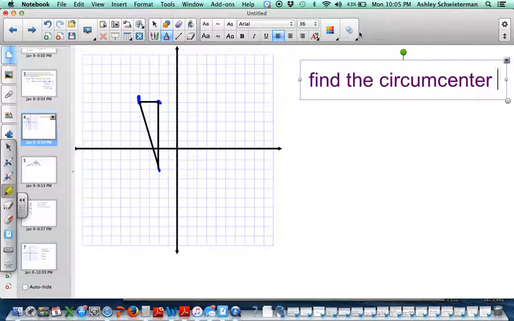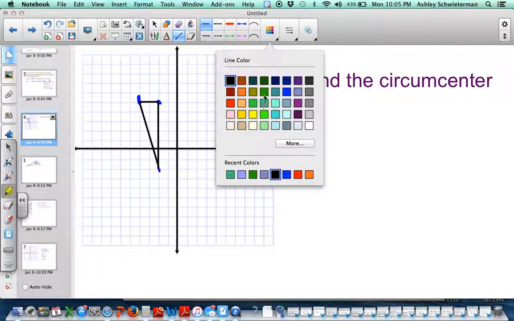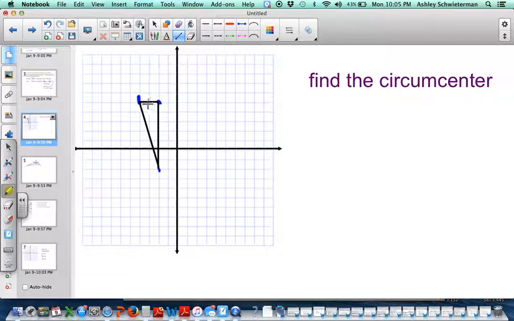And on a right triangle, if the perpendicular bisectors are going to meet, remember a perpendicular bisector, if we were to sketch it out, this isn't perfect. The perpendicular bisector is the median, so it's the middle, that midpoint. It's taking the midpoint because it's a bisector, the midpoint and perpendicular.